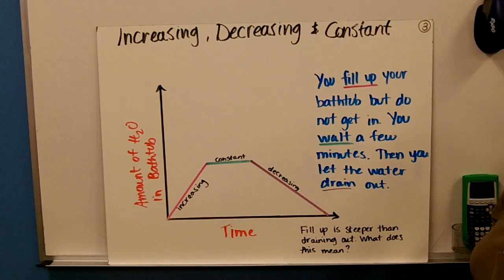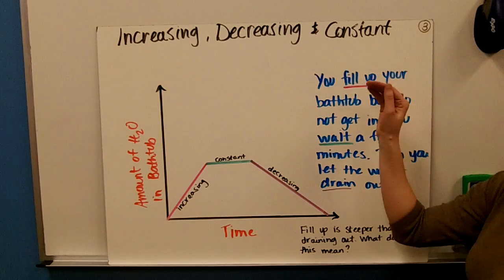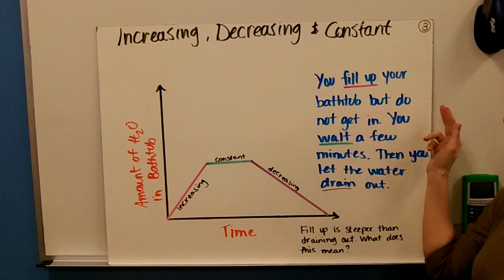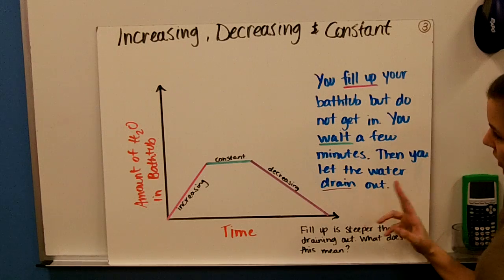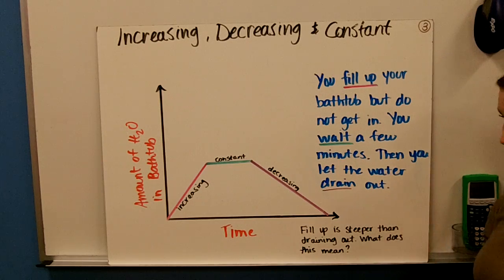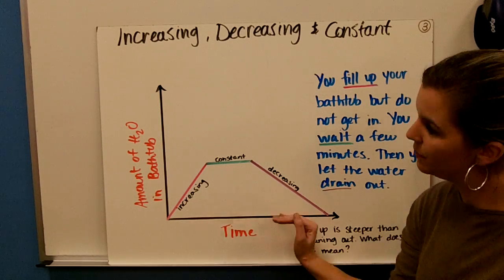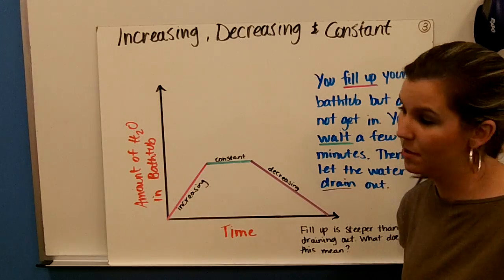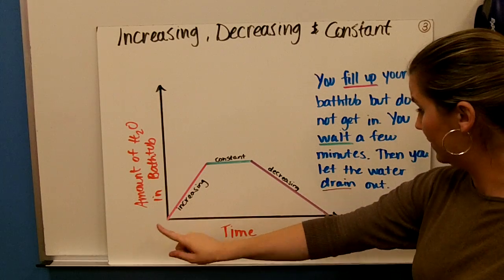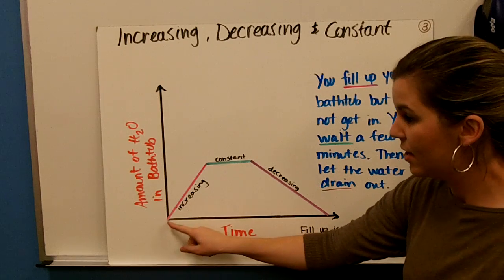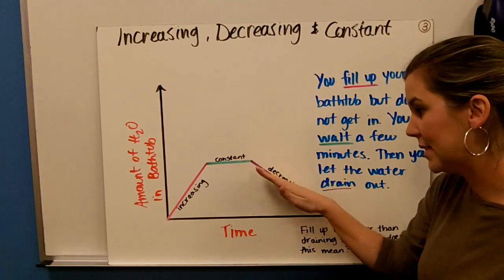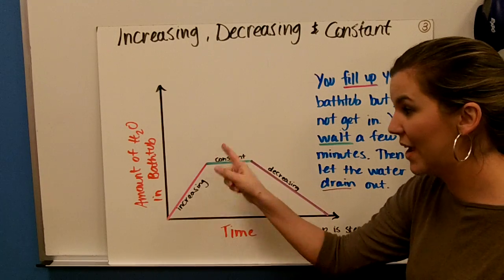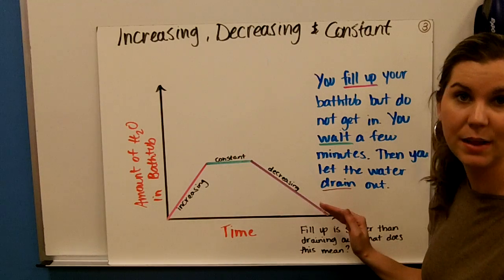Increasing, decreasing, and constant. So the scenario is you fill up your bathtub, but you do not get in. You wait a few minutes, then you let the water drain out. So here is time and the amount of water in the bathtub. Now we just talked about in the previous slide that if the line is steep versus less steep, something's happening faster and something else is happening slower.